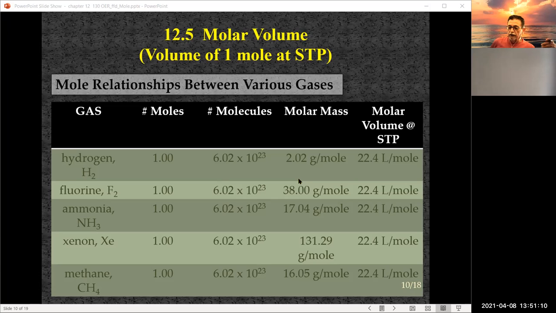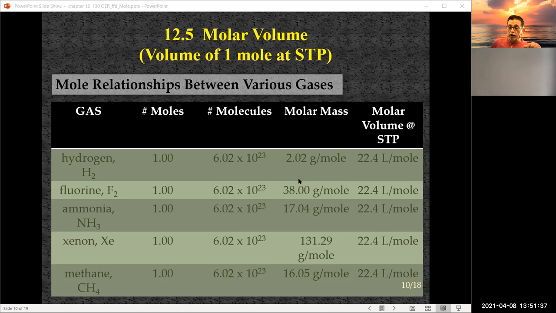Xenon, you look up the atomic weight on the periodic table. It has a molar mass, or atomic weight, of 131.29 grams per mole. And methane has 16.05 grams per mole molar mass. That's because it's got 1 carbon at 12, 4 hydrogens at 1.01 each. Add them all up, you end up with 16.05.